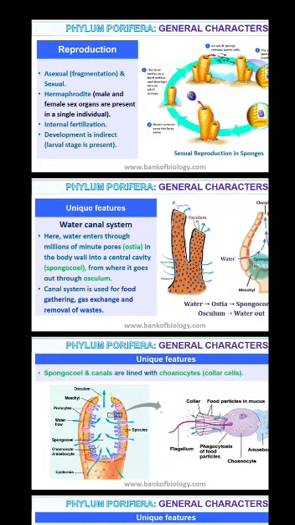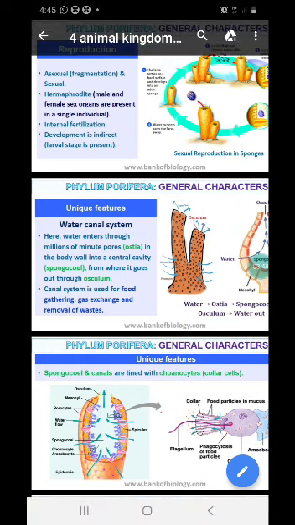Clear? Now coming to the special features of this group of organisms, children, very unique features. I told you the entire body is made up of pores, which are called ostia. That's why the name of the group is Poriferans, right? So they have so many pores on the outside of the body, which are called ostia.